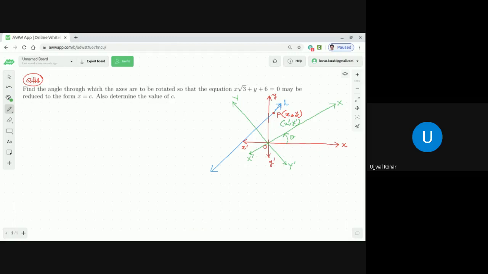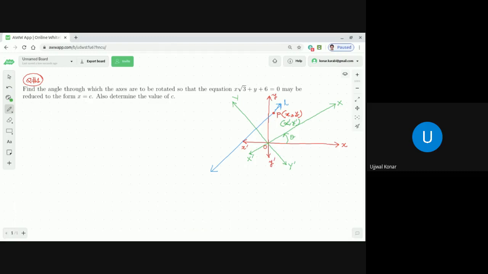After that the axis is rotated, and due to this rotation, the same point P now has coordinates x dash comma y dash with respect to the new set of axes in green, x o x dash, y o y dash.